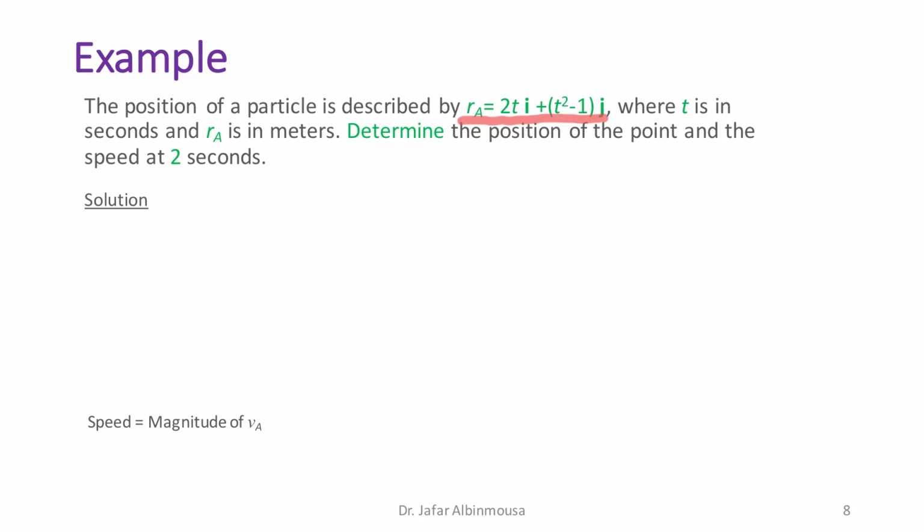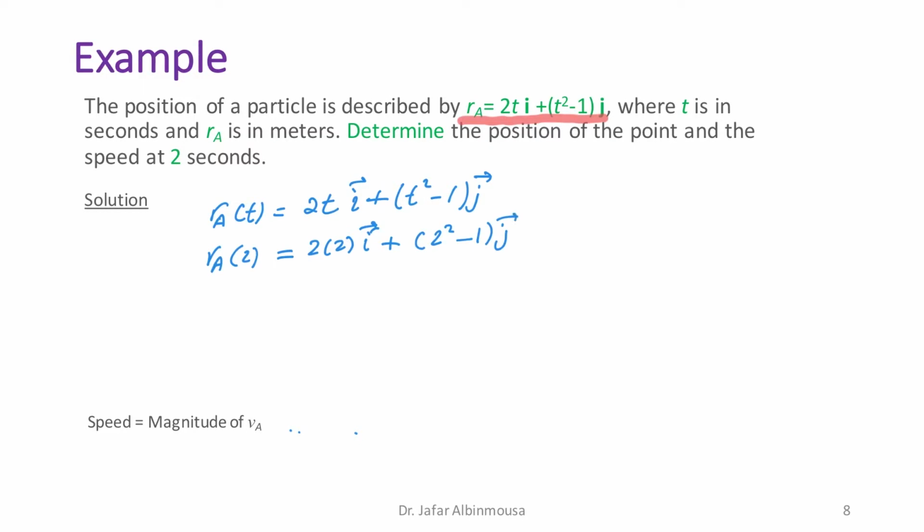So, to start with the solution, we have been given r_A as a function of time, which is equal to 2t i plus (t squared minus 1) j. Now, if we want this at 2 seconds, then we will get 2 multiplied by 2 i plus (2 squared minus 1) j, which is equal to 4i plus 3j.